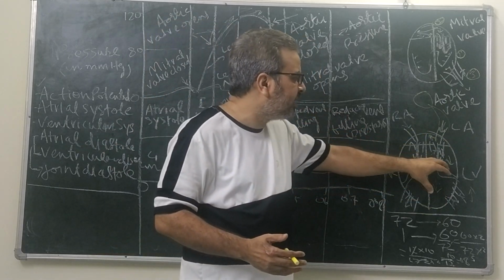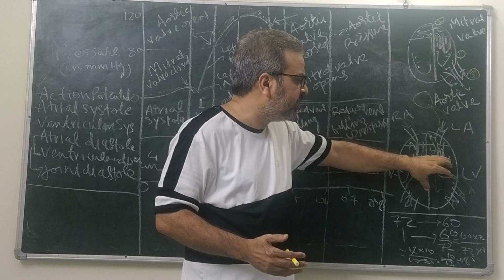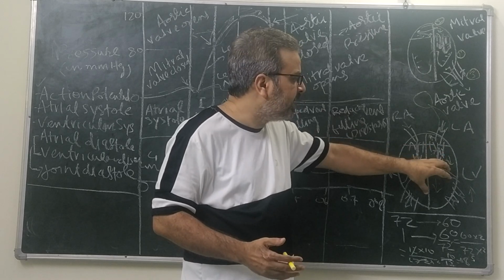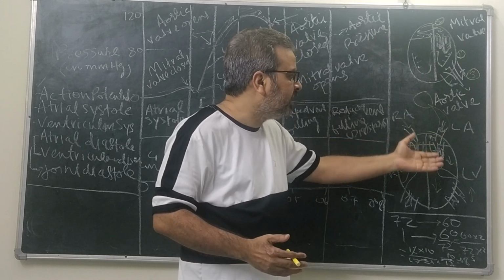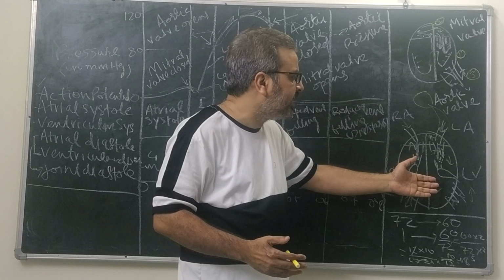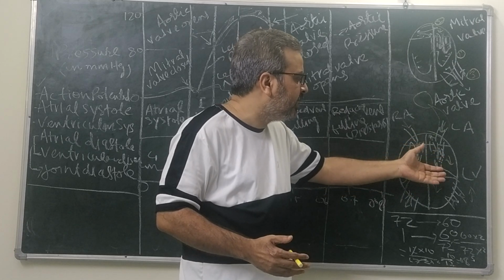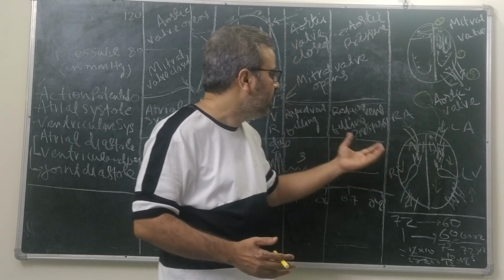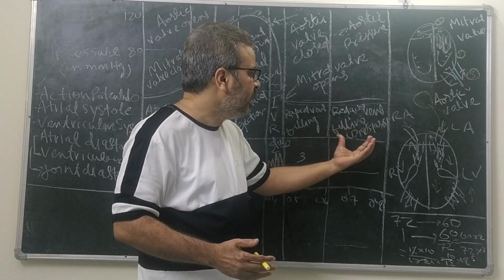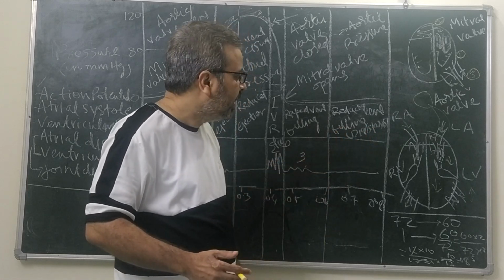But after that, when the ventricle is partially filled with blood, the pressure is more and the pressure differential is less between atria and ventricle. So the filling of the blood becomes reduced. So it is reduced ventricular filling or diastasis period.